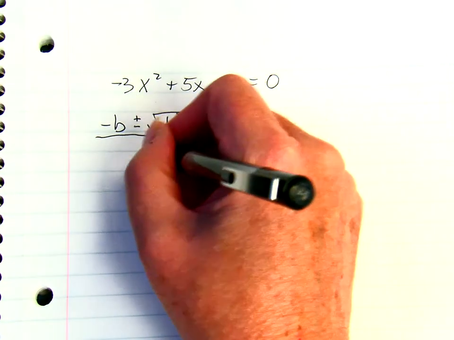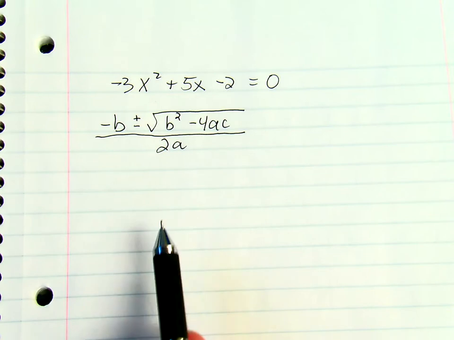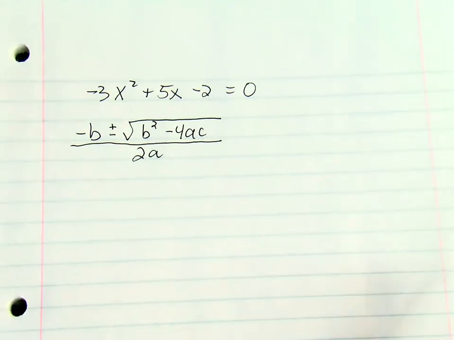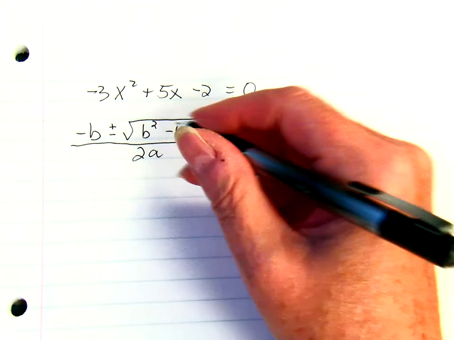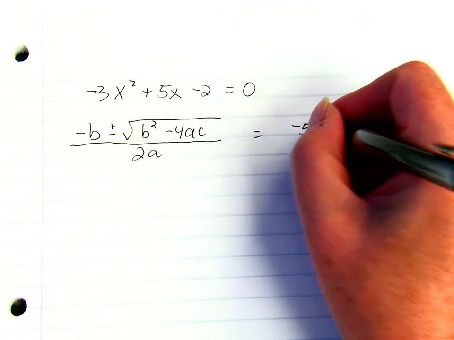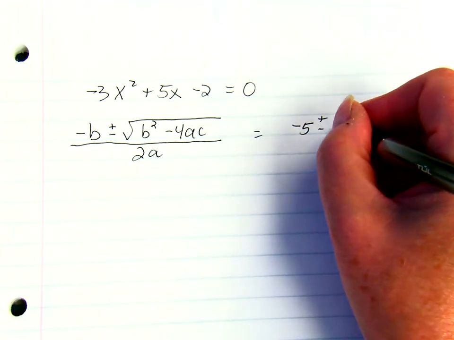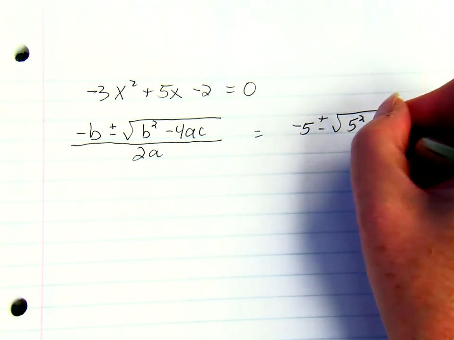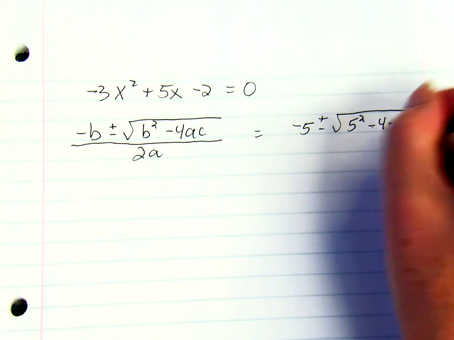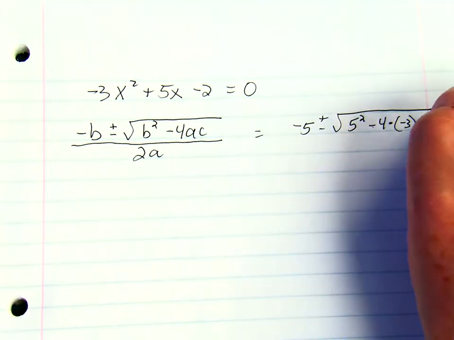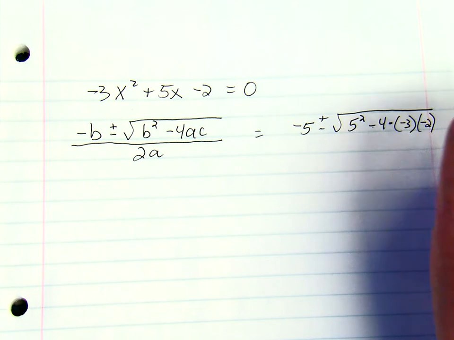I keep writing it because the more you write something, the more it becomes part of your memory. So now I'll put in my b, which is negative 5, plus or minus the square root of 5 squared minus 4 times a, which is negative 3, times c, which is negative 2.